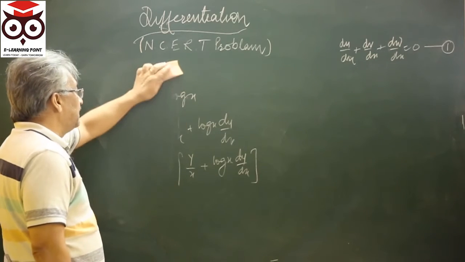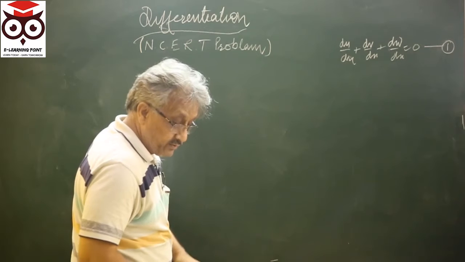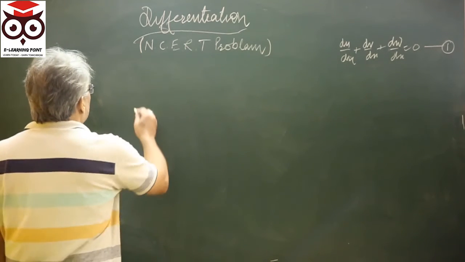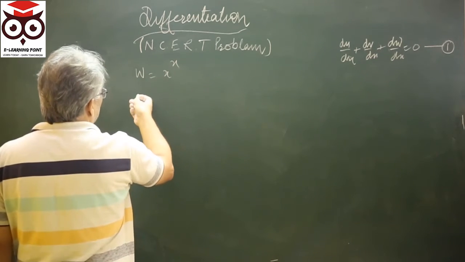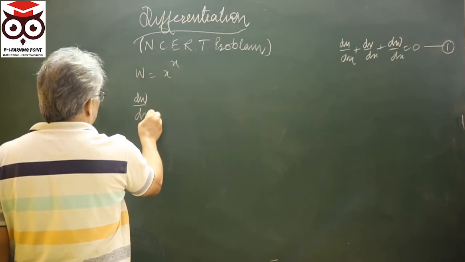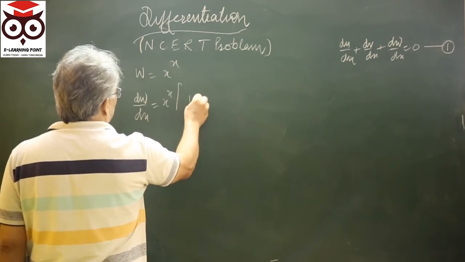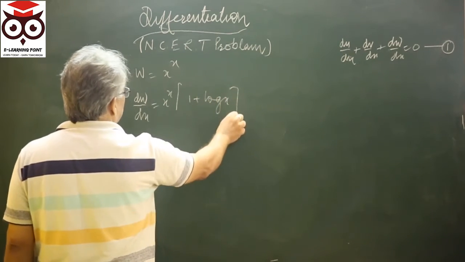Again the remaining w you have, suppose here, w is x to the power x. So this can be written down with my experience. This is the dx, this is 1 plus log x will be the answer.